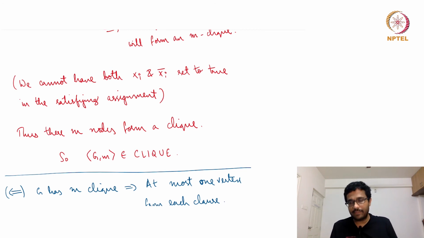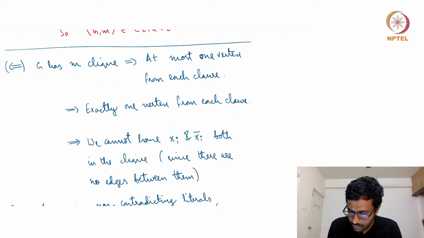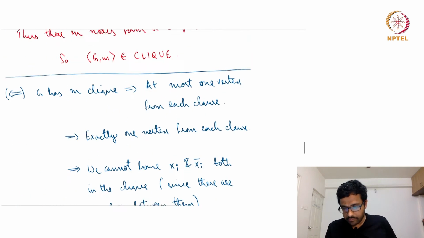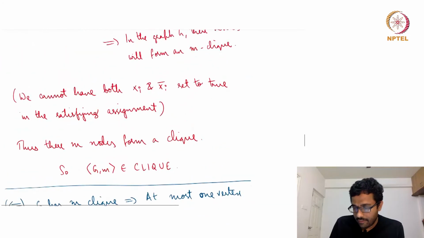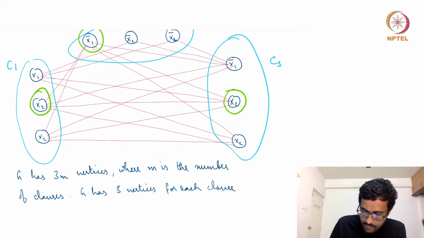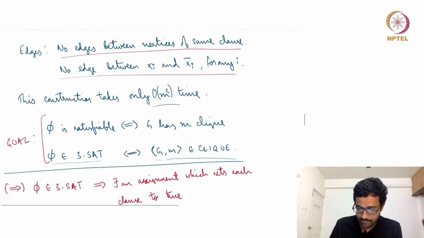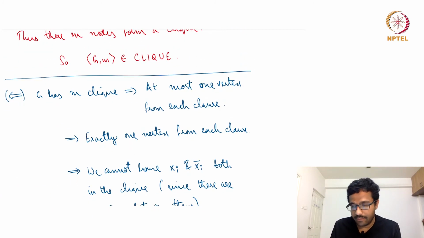If the graph has an M clique, then notice that in this graph no two vertices within the same group are adjacent to each other, right? So you cannot have two vertices in the M clique from the same group or the same clause.